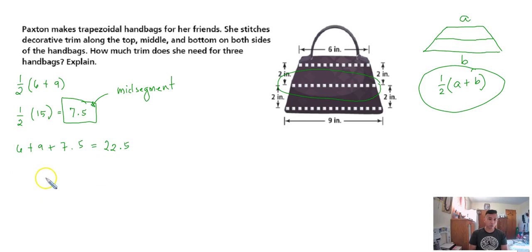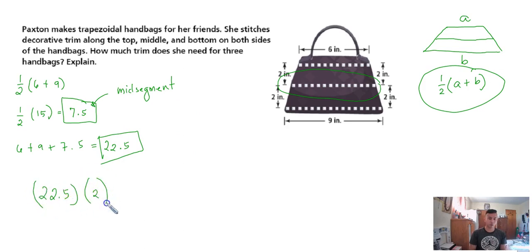On a handbag there are two faces, the front and the back, so I'm going to multiply 22.5 by 2.